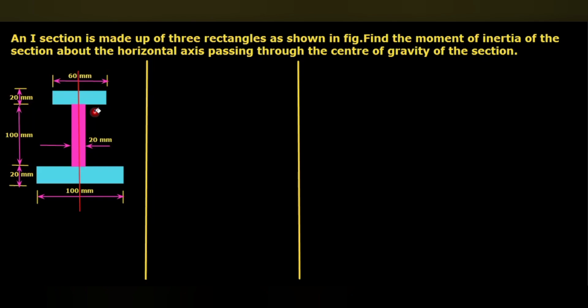Okay, so now first I'm going to take the reference line. You know that the leftmost line is the reference line for x bar, and the bottommost line is the reference line for y bar. Here we are going to calculate only the value of y bar, so I take the bottommost line as the reference line.